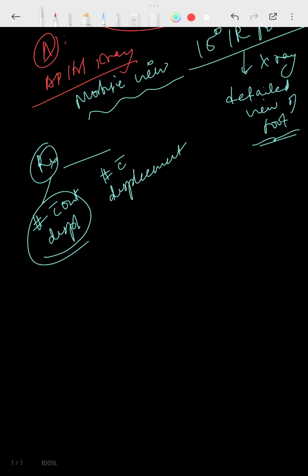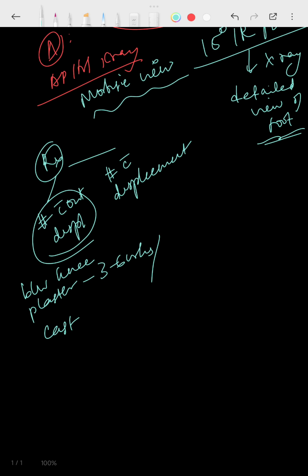If the fracture is without displacement, you will keep a below-knee plaster for 3 to 6 weeks, or any cast. You can put any ready-made brace.